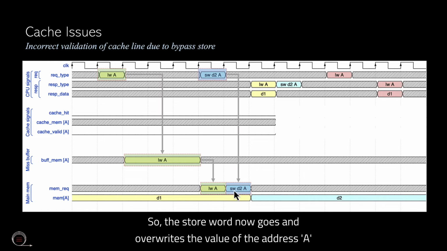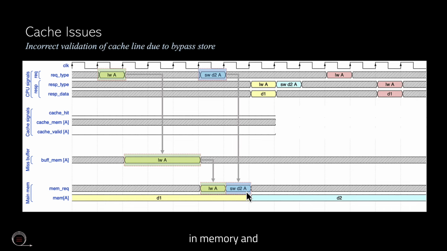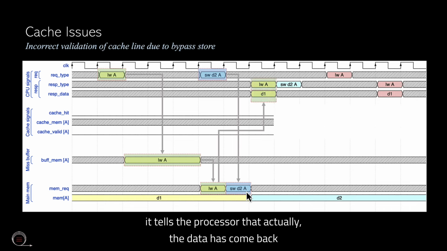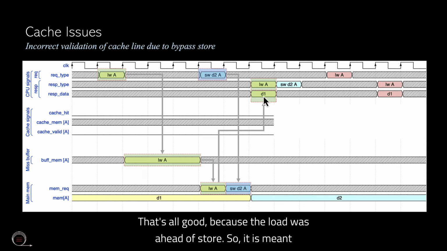So the store word now goes and overwrites the value of address A in memory, and it tells the processor that the data has come back for a load word for address A and the value is D1. That's all good because the load was ahead of the store.